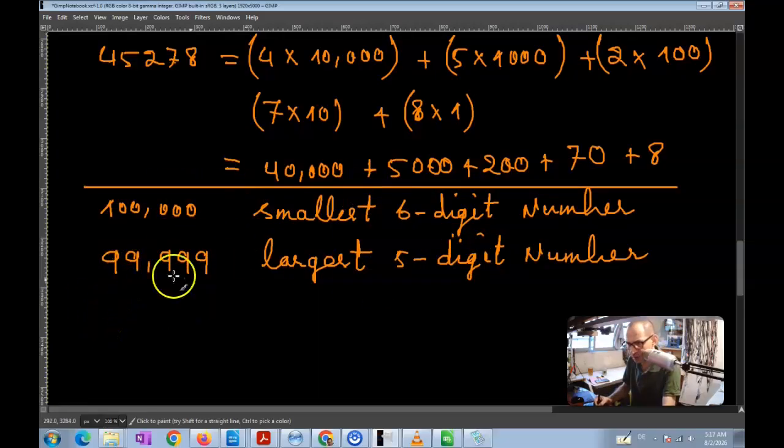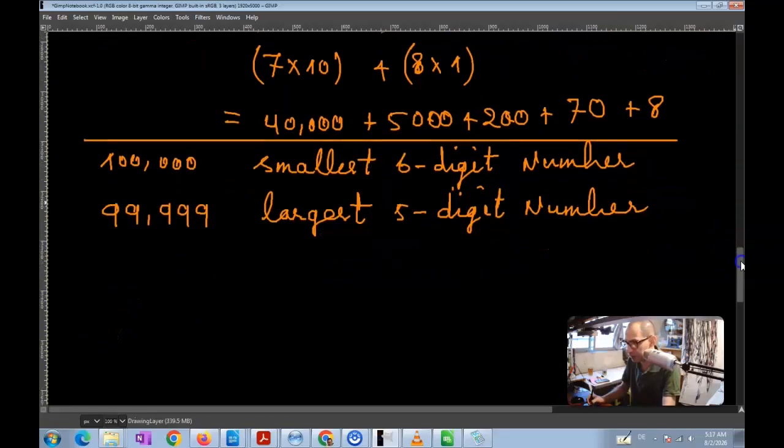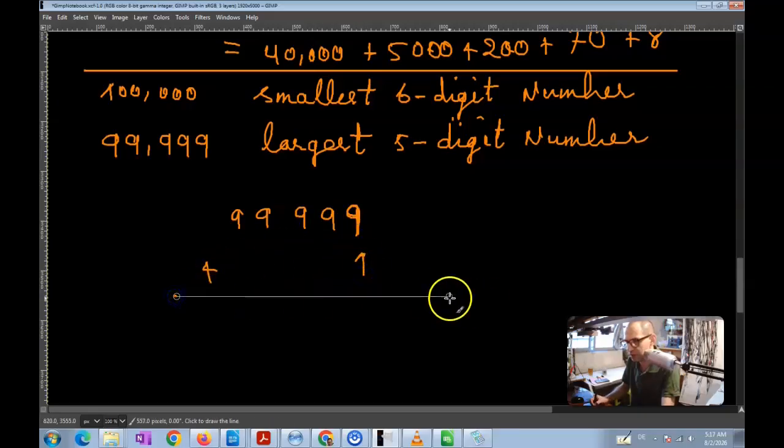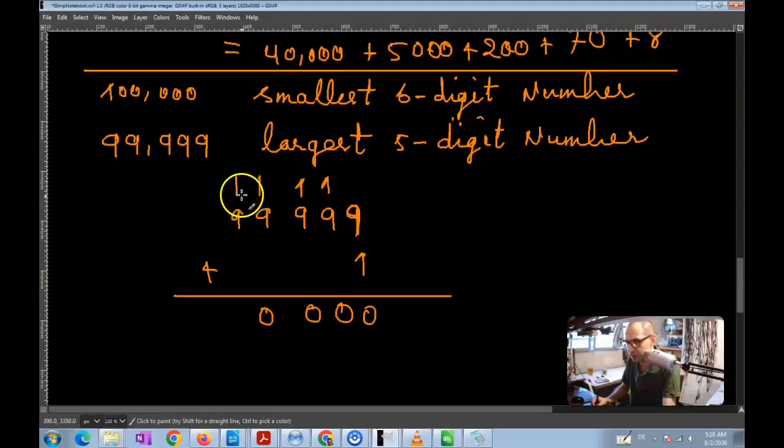Now, if I take the largest 5-digit number, which is 99,999, and if I add a 1 to this, what I will have is that 1 plus 9 is equal to 10, so 1 carryover, 1 plus 9, 10, 1 carryover, 1 plus 9, 10, 1 carryover, 10, 1 carryover, and then 1 plus 9 is equal to 10, right?